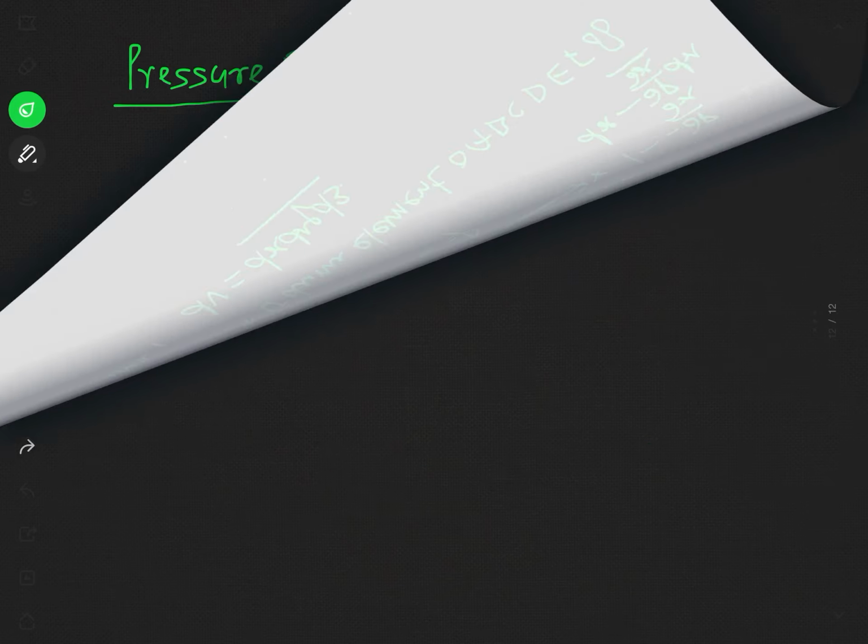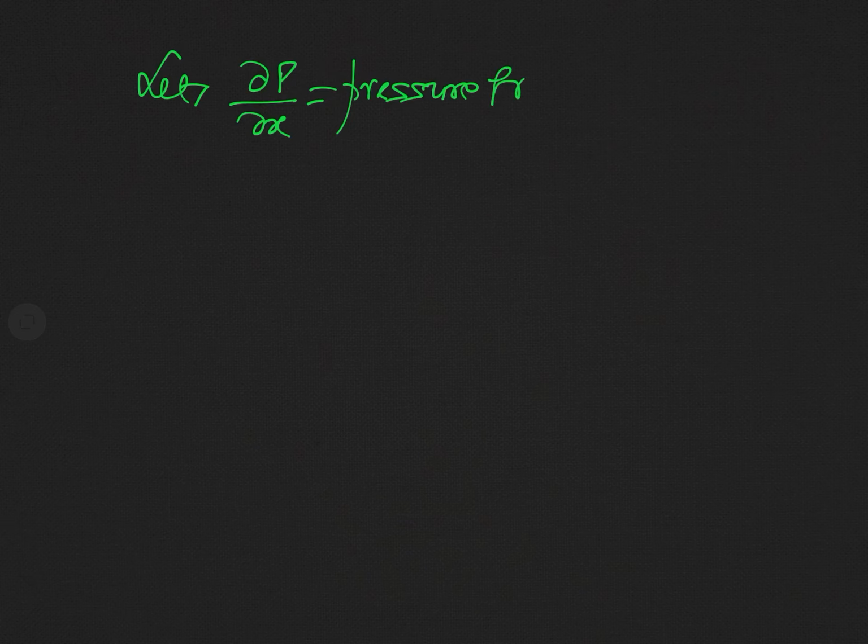So now let us write these assumptions. Let del P by del x equal the pressure gradient in x direction.